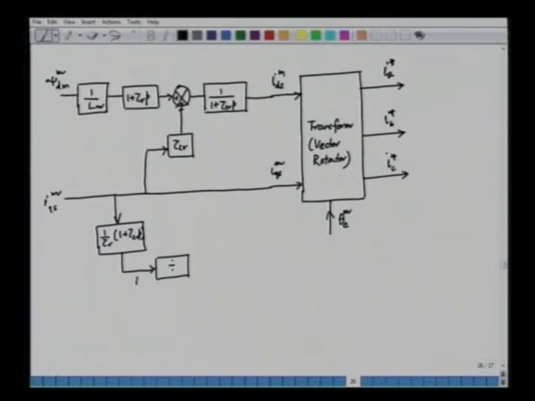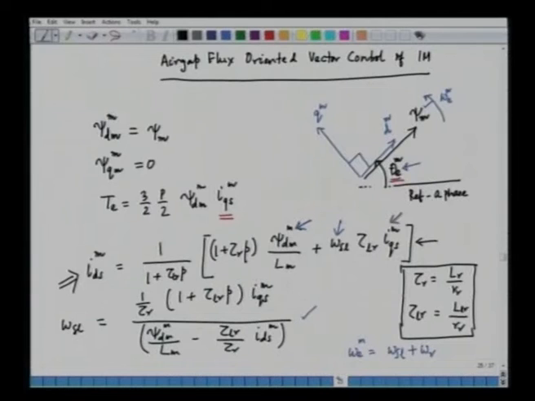This becomes the numerator, and we have the denominator which is calculated as follows. Now, we are trying to find out the slip speed by this equation. This equation will give us the expression for the slip speed.